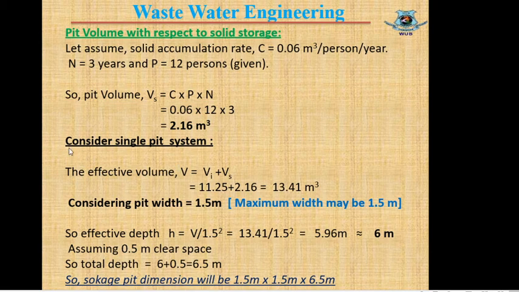We know that we can design this pit as a single pit or twin pit system. In this showcase pit we will design a single pit system, not twin pit.